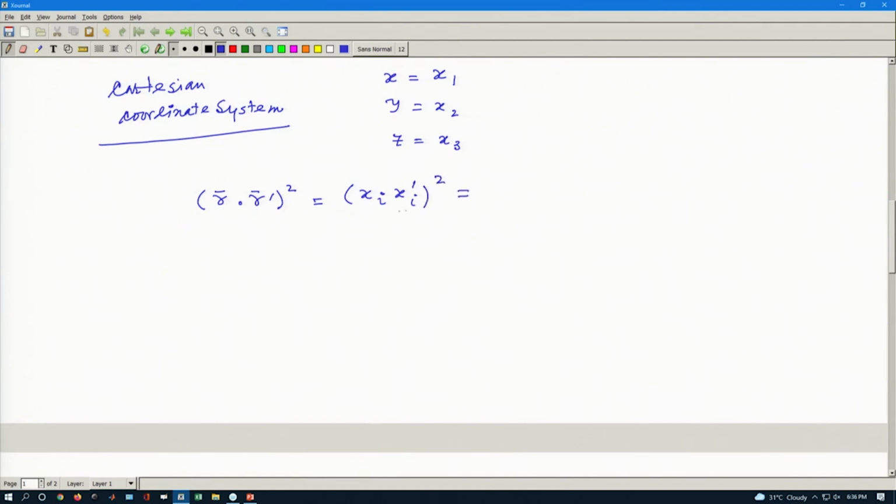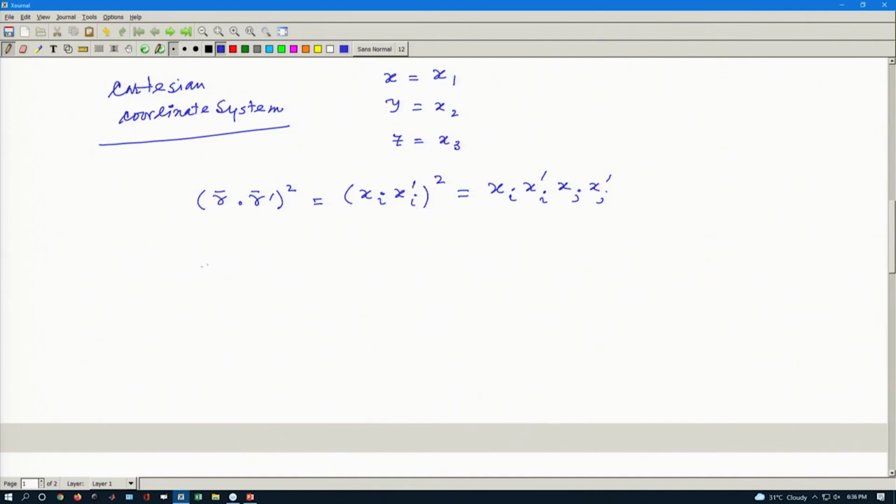If I expand this, then it should be x_i prime multiplied by x_j prime, because when we have a multiplication the cross term will be there. Mind it, this is a repeated index, so one summation sign is there, which you should always remember.